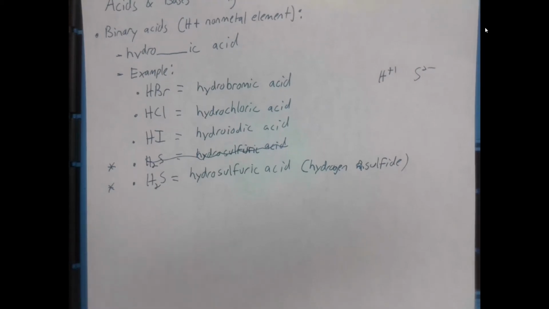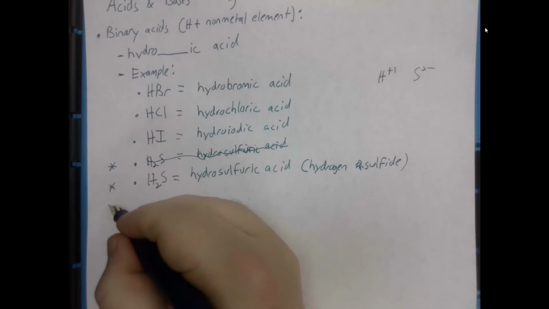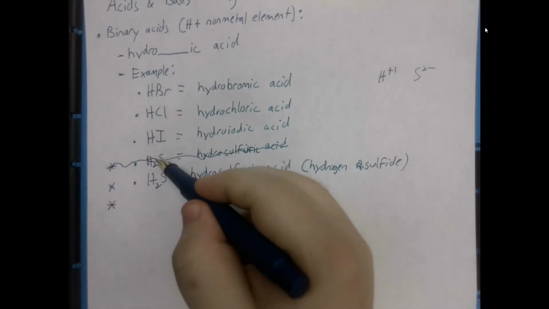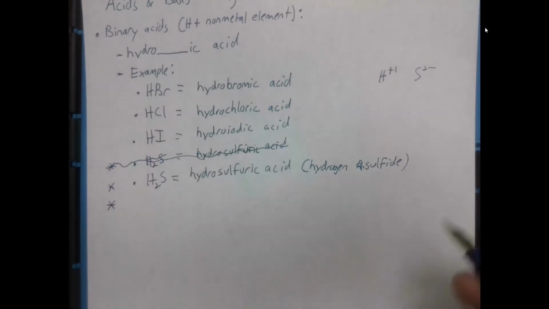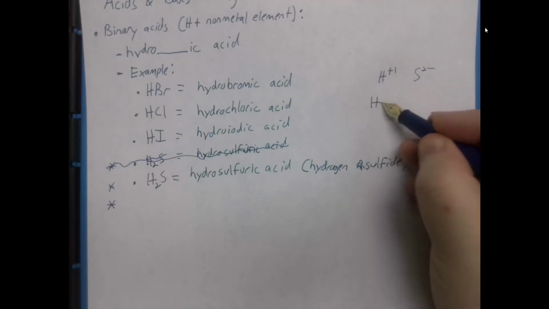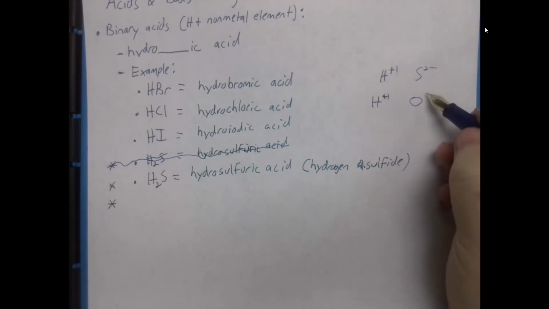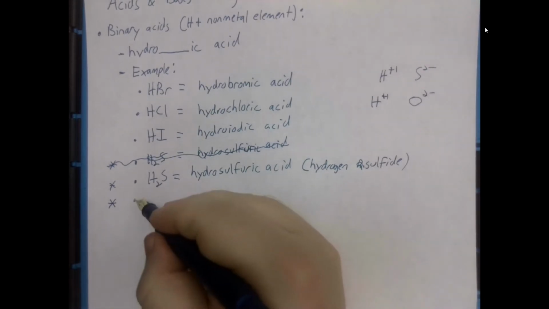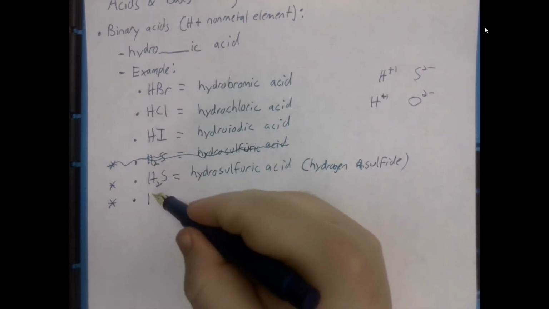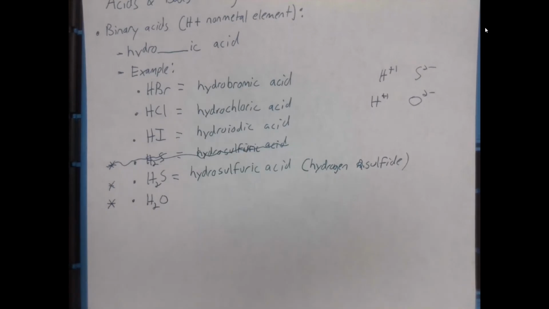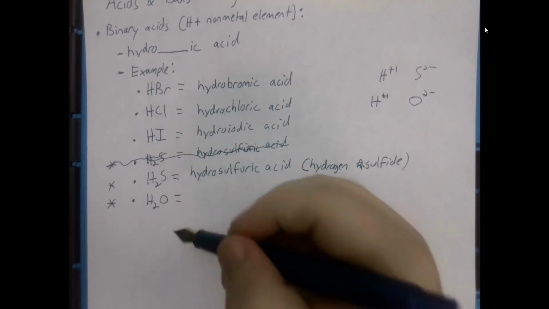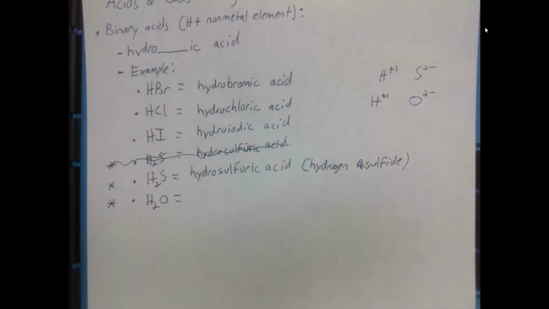So I want to do another one that again is a little weird. What about hydrogen and oxygen? Hydrogen is +1, oxygen is 2 negative. So what would the formula be? What is another way we can call H2O?